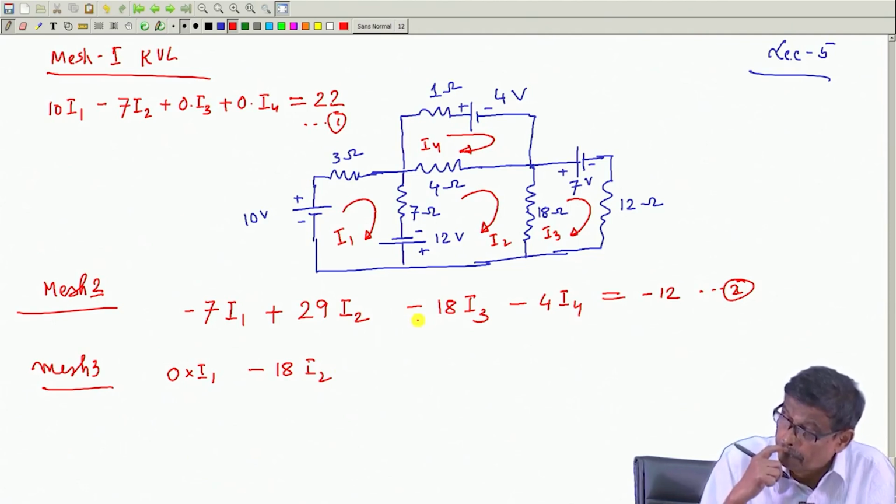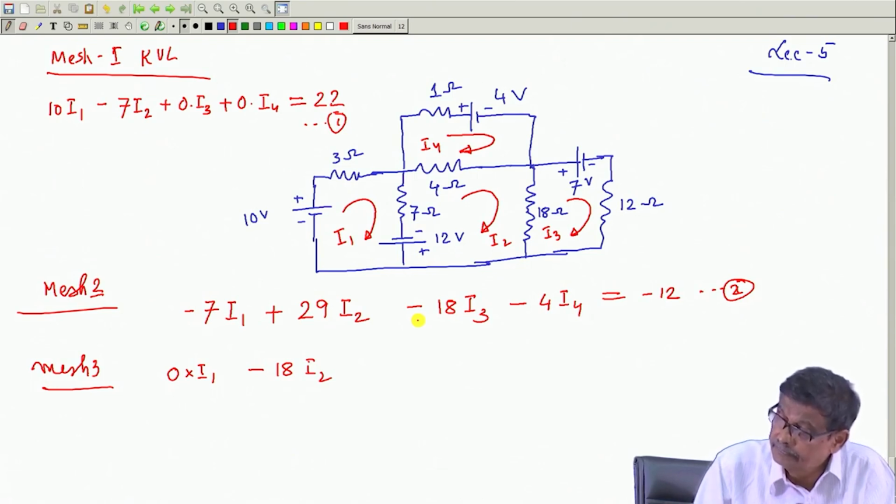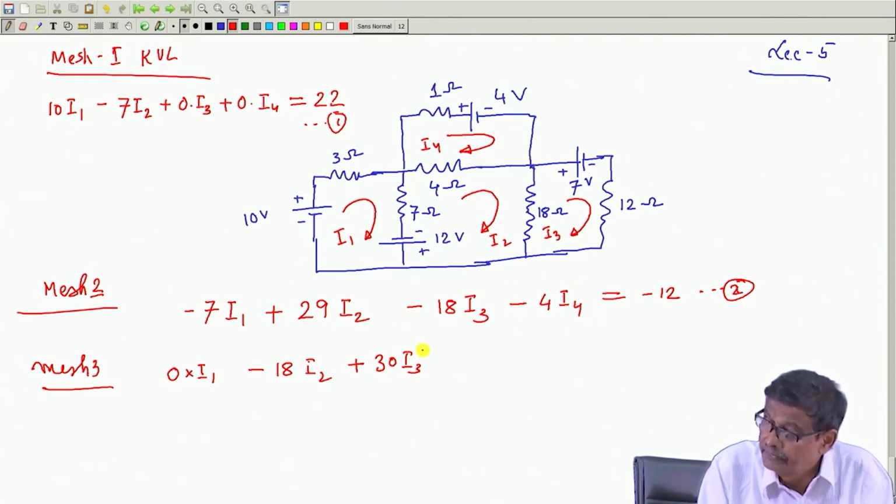Coefficient of I 3 in this mesh is the sum of these resistances, plus 30. If I make a mistake, please bear with me, logic is important. 30 I 3. Will there be a coefficient of I 4 in the KVL equation of mesh 3? No, there is no common resistance. So, plus 0 into I 4.